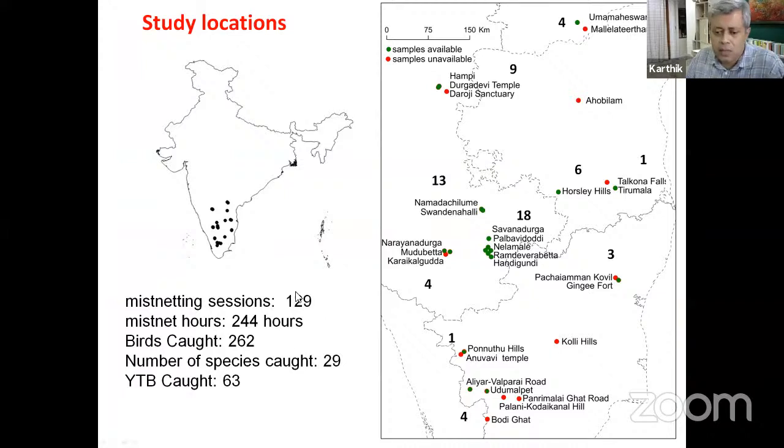So, look at the effort. We had about 130 sessions, and we caught about 260 birds, and only 63 of them were yellow-throated bulbul. So remember this, why I put these numbers is to tell you how easy it is to capture birds.